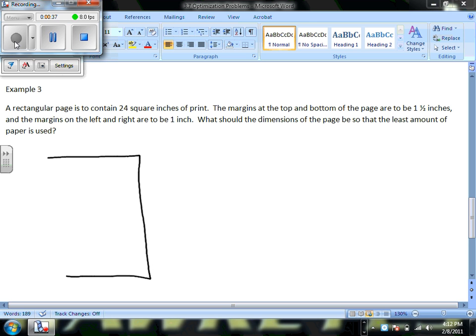So we have a page, and we know its margins. From the top down is 1.5 inches, and from the bottom up is 1.5 inches. And then moving in to the left it's going to be 1 inch, and over here is going to be 1 inch as well.